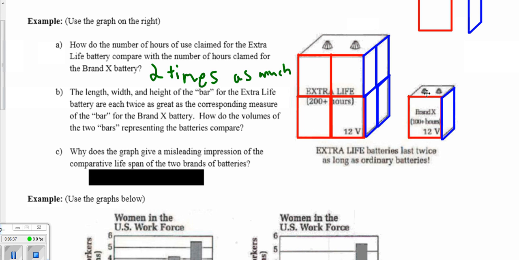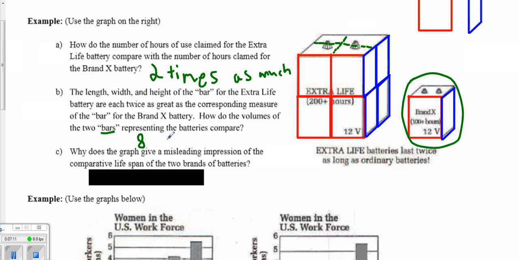How many of these batteries would fit onto this battery in total? Well, we can almost kind of see it if we complete the lines here. I'm going to cut this across like this and cut this across like this. There would be 4 of these batteries on top and 4 of them down here. So there are actually 8 batteries of this size put into this big battery here. So how would the volumes of these 2 bars representing the batteries compare?